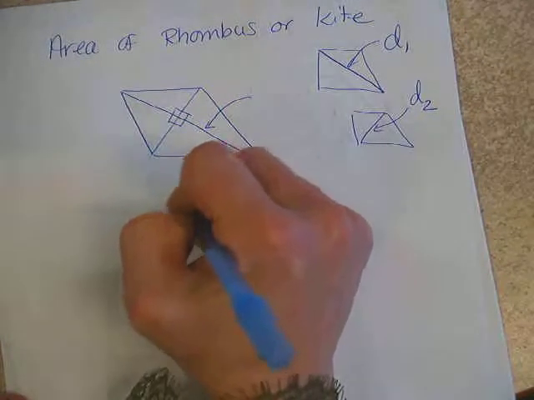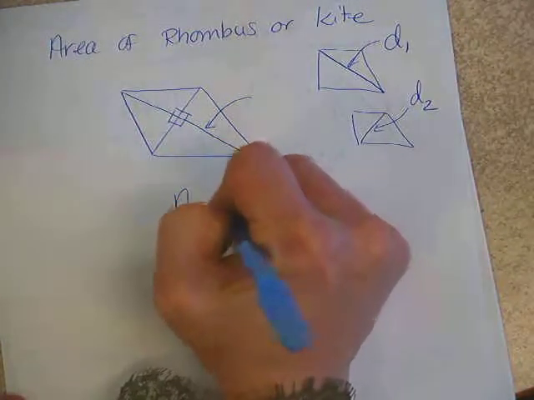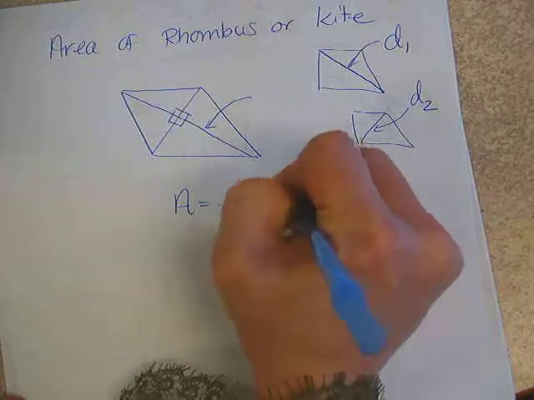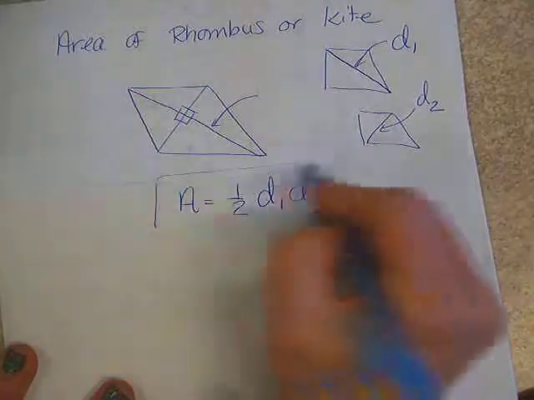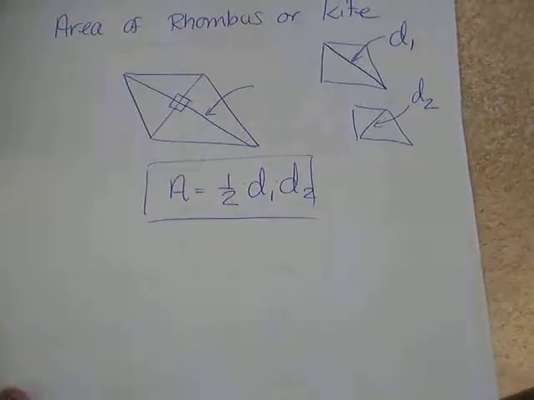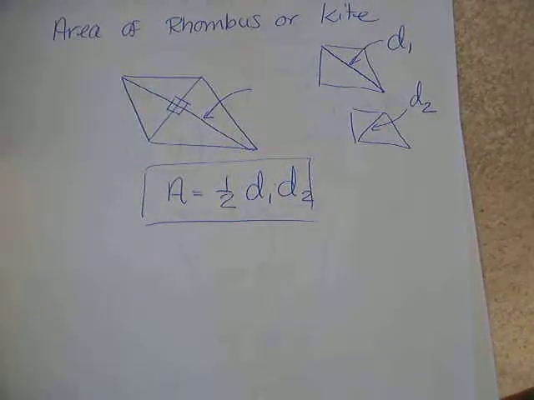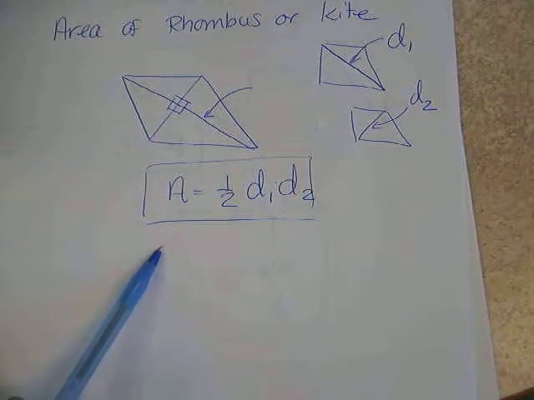I hate to draw it in here because I don't want you thinking that just that piece alone can be used in the formula. It's got to be this entire piece and that entire piece. Okay, you will see them like this, but the area is half of D1 times D2.